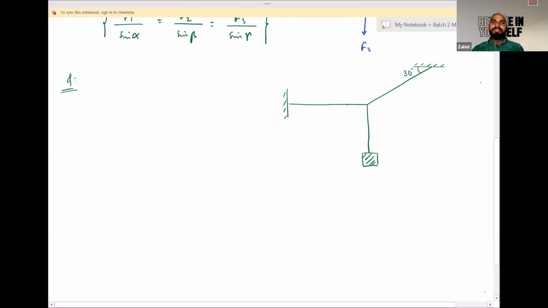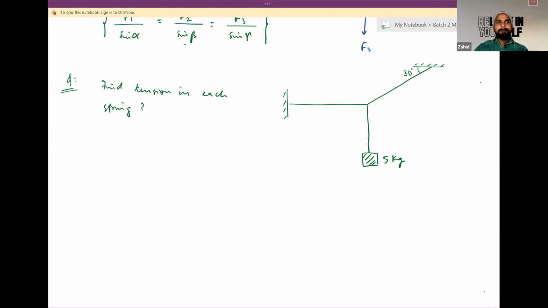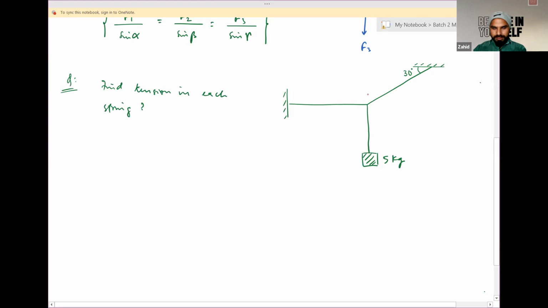So we have to find tension in each string if mass of this block is 5 kg. So how to define it? Let's say just draw a vertical line and a horizontal line. There will be tension in this string along this direction, T1, and there will be tension in this direction as T2.